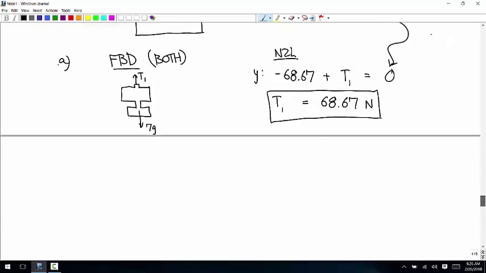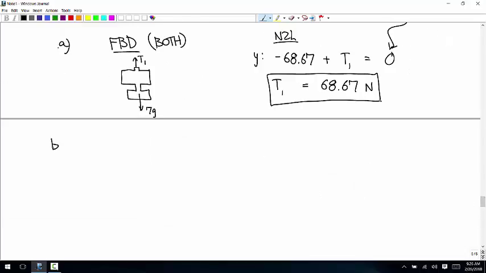So now for part B, we'll calculate the force the middle cable applies to the top box. Well, now I'll isolate the top box. Okay, so this time we have, that's fine, you can do it that way.